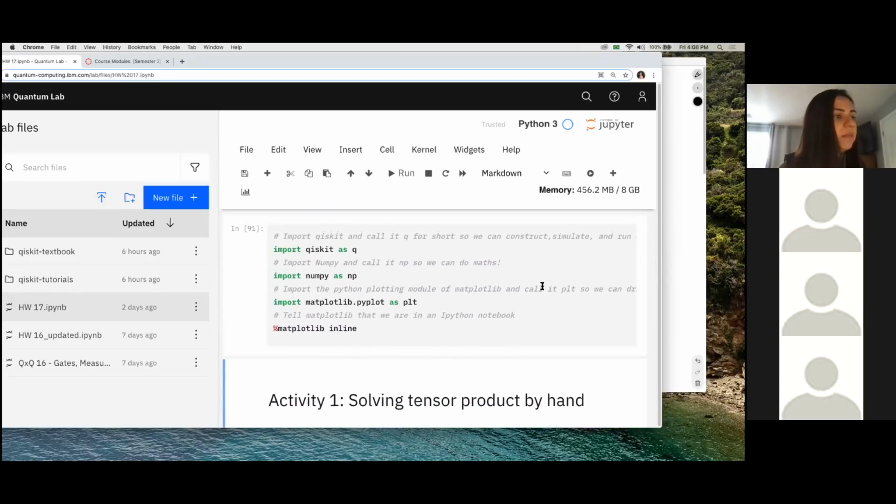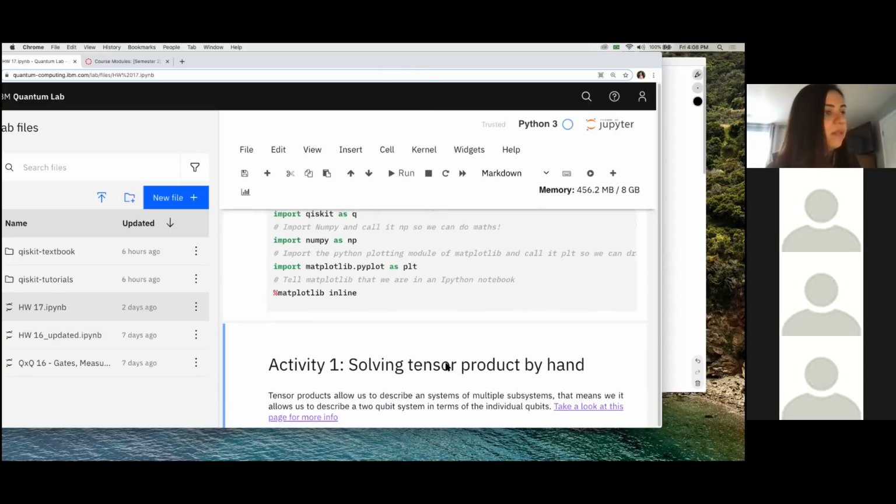It's important because in the first cell, you have everything imported that you need to make your program run: importing Qiskit as Q, NumPy as NP, and Matplotlib pyplot as PLT. Importing them as shorts makes it easier to run them. So I run this already.